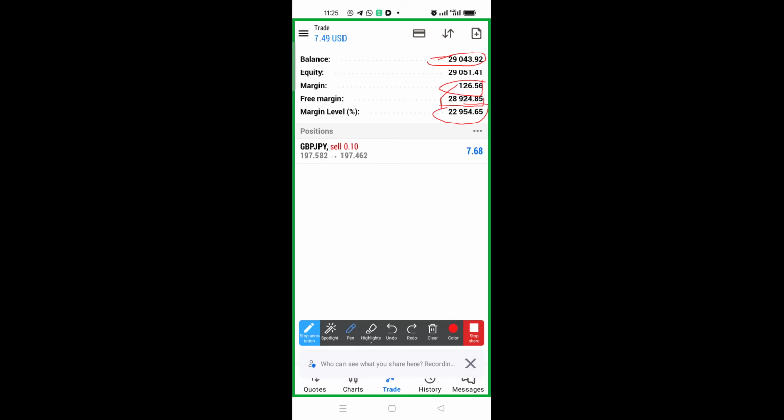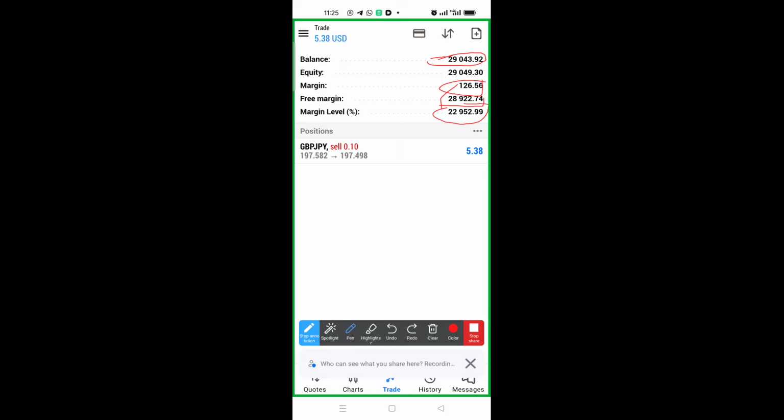So the margin level percentage is high. But if this same margin level percentage goes below 100, the account is in big trouble. So you don't want to get that. You want to always make sure that your margin level percentage is in good health.